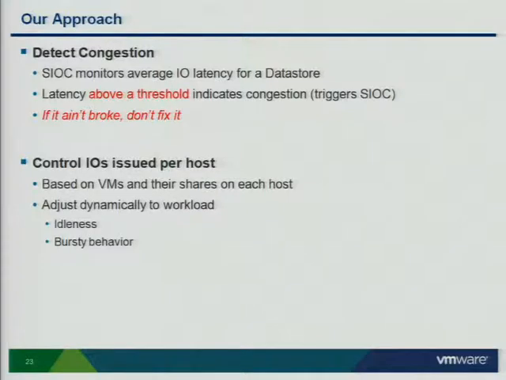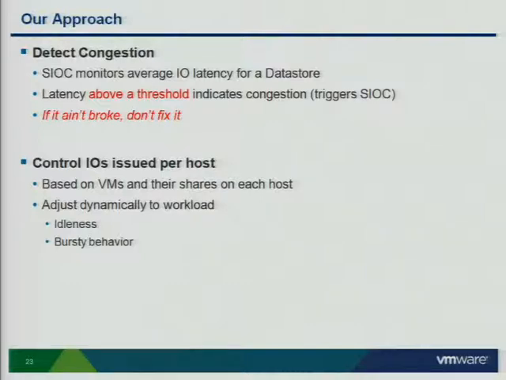Once we detect congestion on the data store based on the latency, the feature controls the IOs issued per host. That is done based on the VMs that are running on the host and the shares of the VMs. So if a host is running more VMs with higher shares, it would be throttled much less compared to a host which is running few VMs with smaller shares, which would be throttled much more.